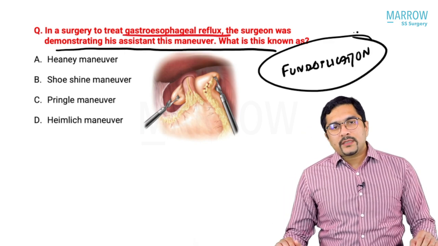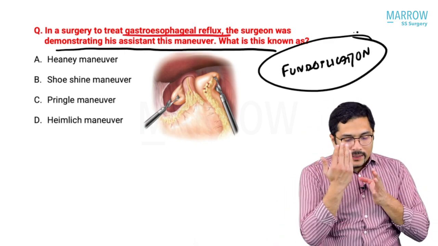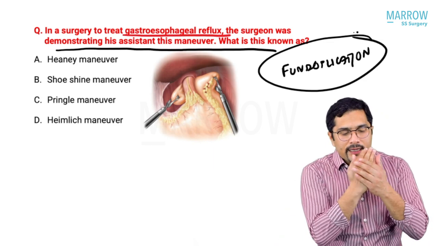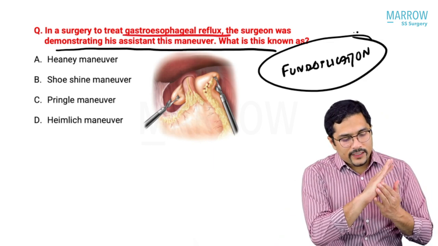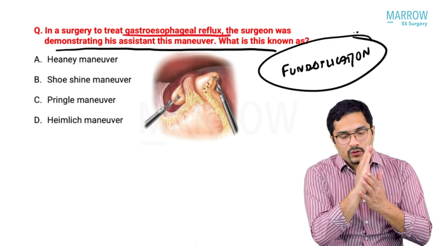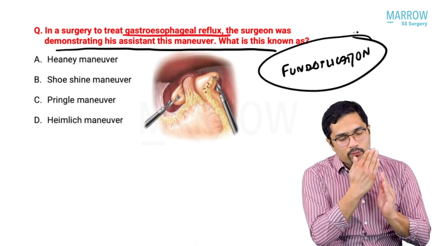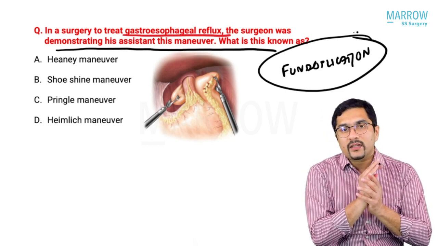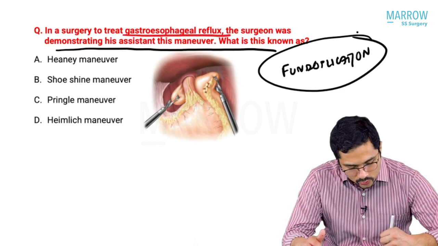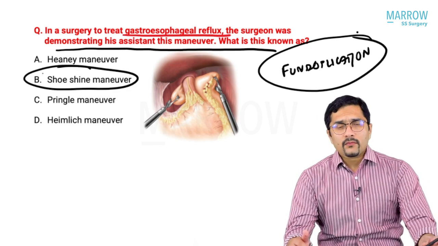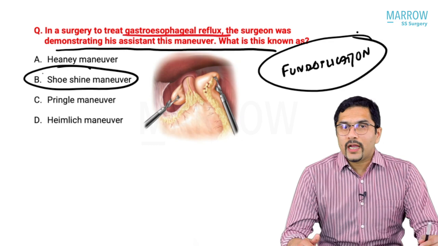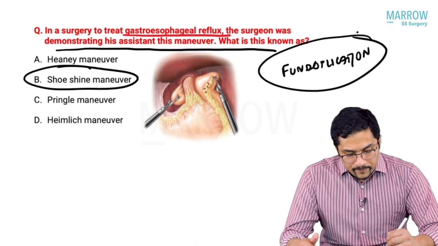And one of the steps in fundoplication is when you take the stomach behind the esophagus to wrap the esophagus. When you are doing this maneuver, you are mobilizing the stomach around the esophagus, this is known as the shoe shine maneuver. This is known as the shoe shine maneuver, okay?